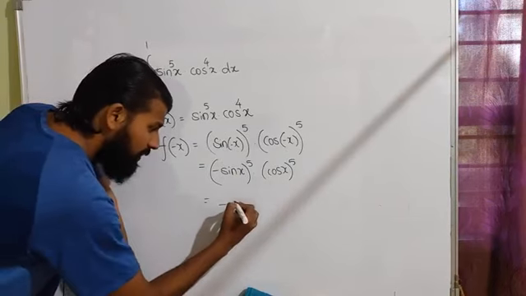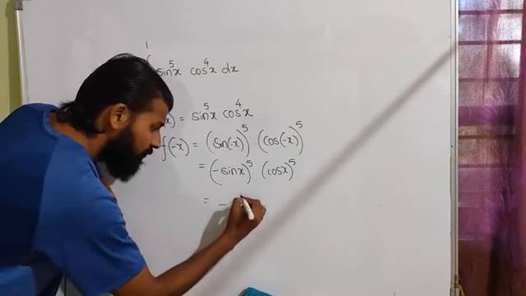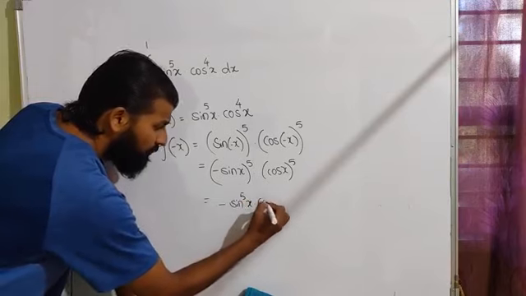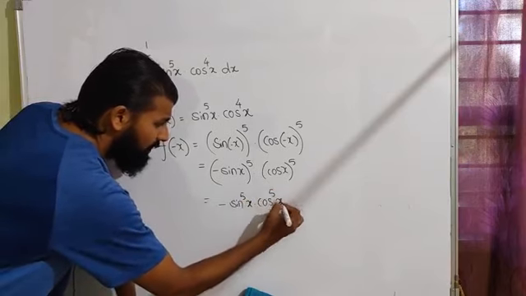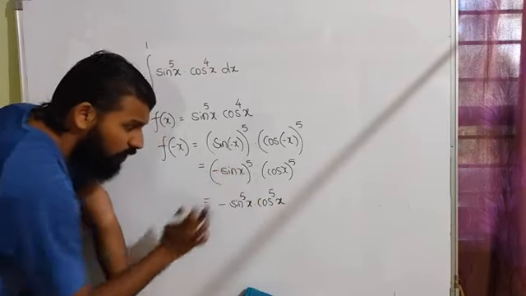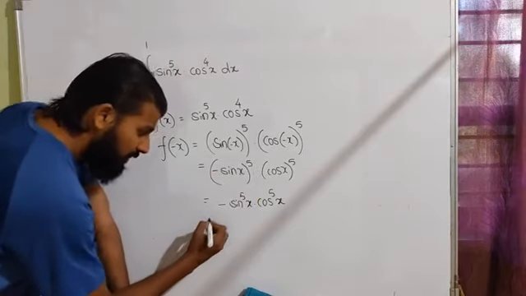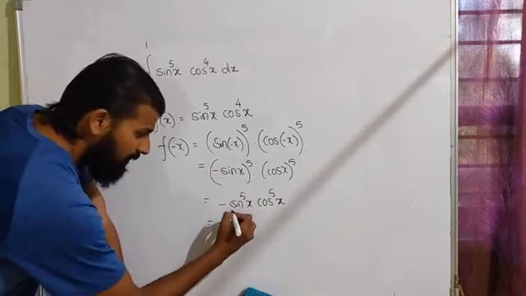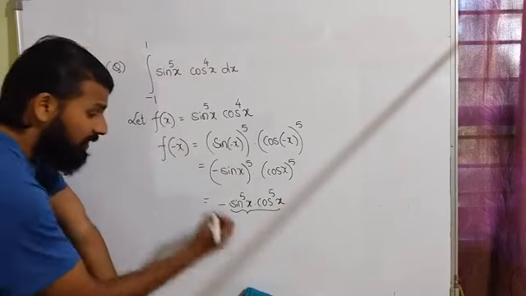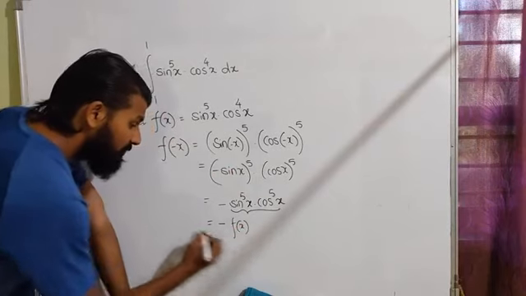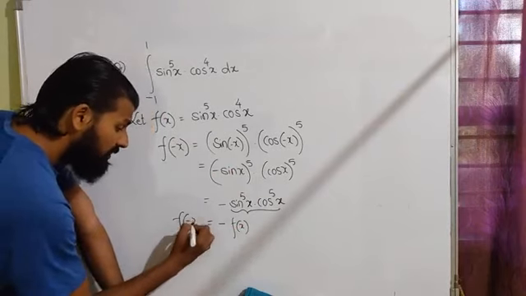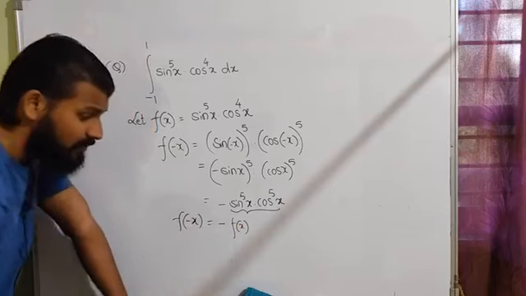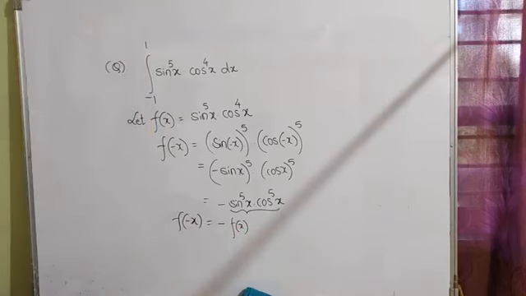So this will be minus sine raised to 5x into cos raised to 4x, because negative raised to an odd number will always be negative. So now this is nothing but the negative of the function f of x. So what I got here is f of minus x is equal to minus f of x.